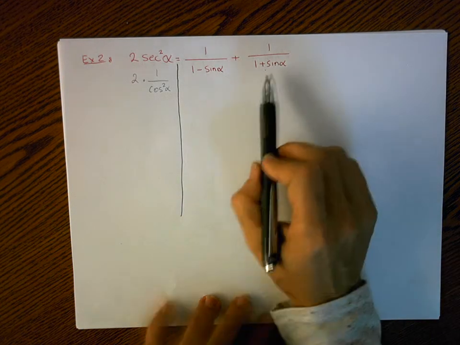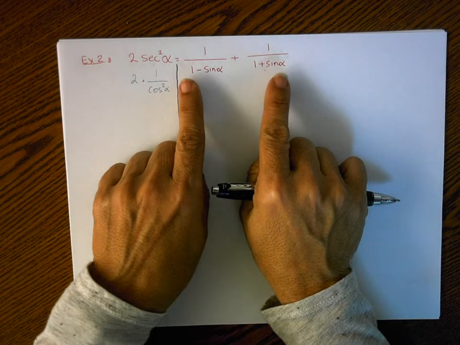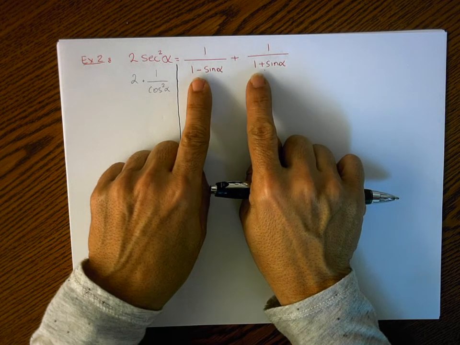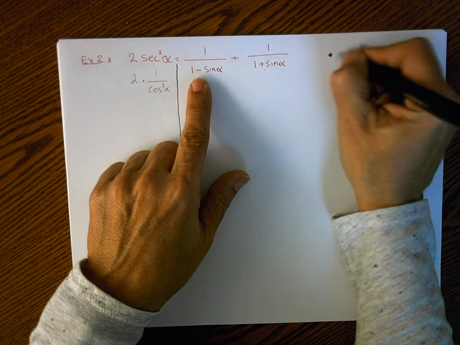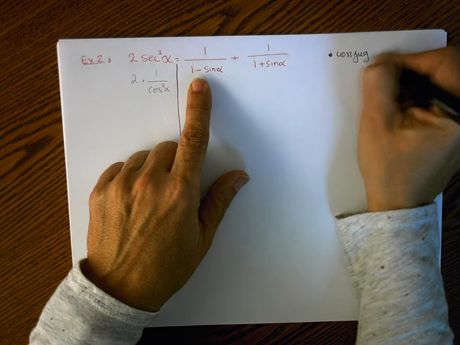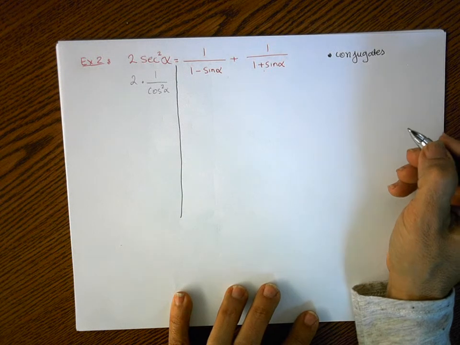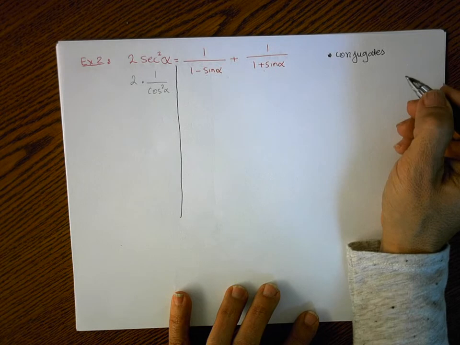Immediately I see, what do we have here that we talked about before? I have the same exact 1 and the sine of alpha, but a different operation. That is the conjugate. I immediately recognize conjugates because we worked on them before. The most famous conjugates are differences of squares.